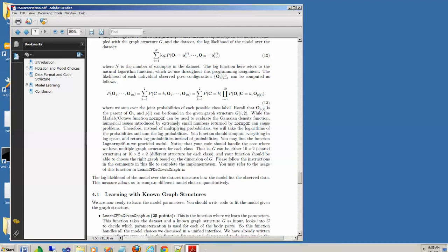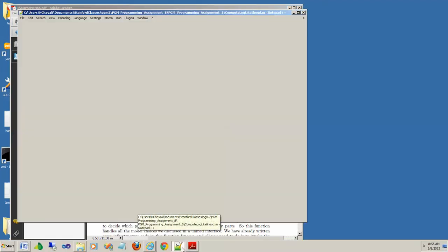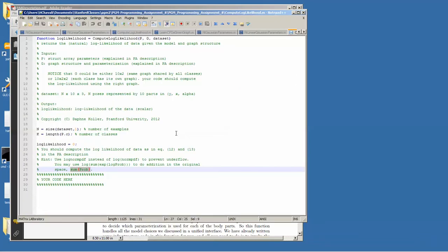If you go back to the description of this assignment, they gave you two very important hints. Let's read them. Use log norm PDF instead of log of norm PDF to prevent underflow. So you have to use this one, and that part is pretty obvious and doesn't really warrant much explanation.